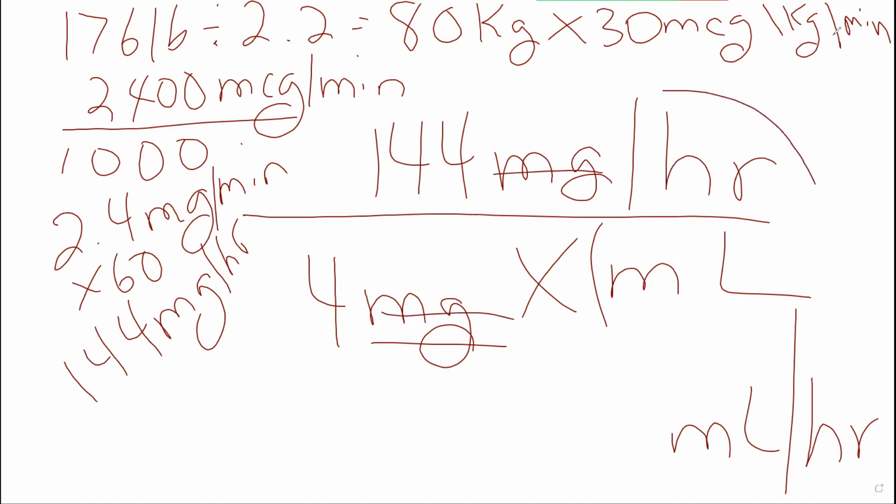I'm left with mLs per hour. Going to divide by 4, and it's times 1. So, of course, it's going to remain 36. Everybody able to get there? Yes. Miss Loesch, let me see the question again.